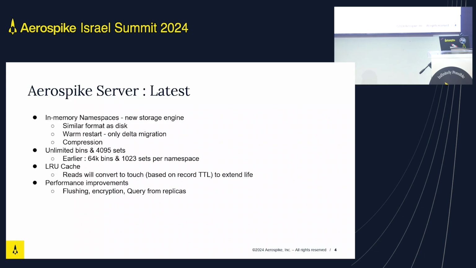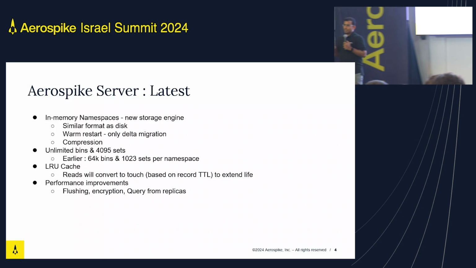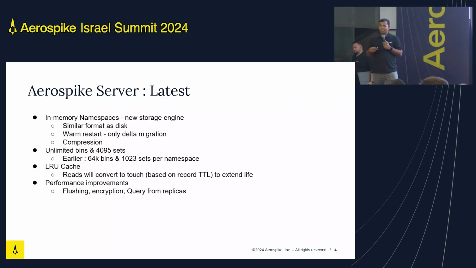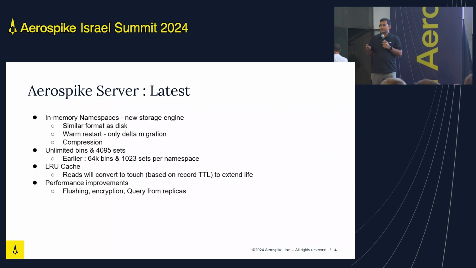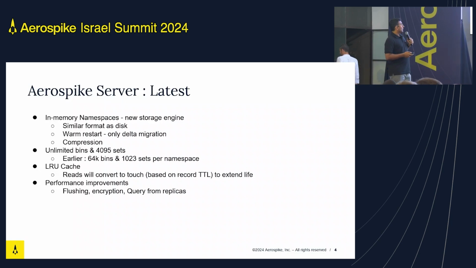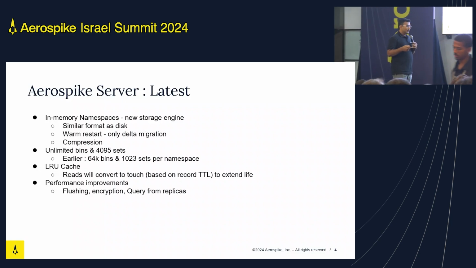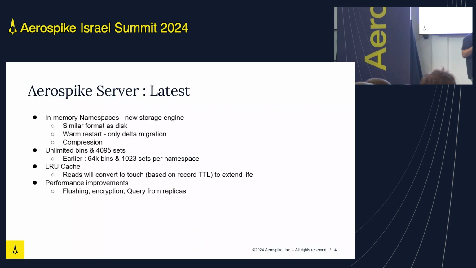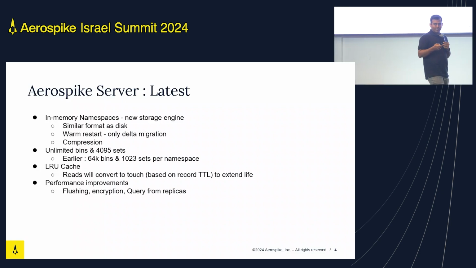So what is the advantage? When we migrate the data, we don't need to migrate all the data that belongs to this partition. We just need to migrate only the delta, and it's going to be on the order of a few seconds or minutes. Along with that, you get all the other things that we already have on disk, which is compression, encryption, stuff like that.